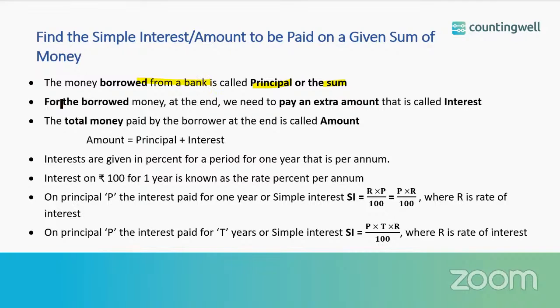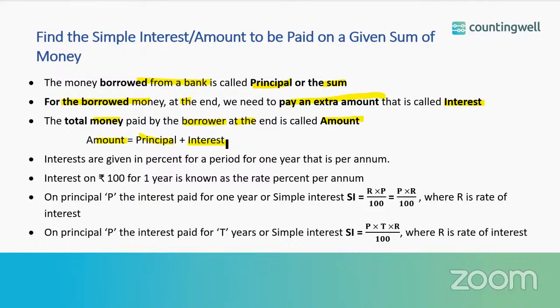For the borrowed money, at the end, you have to pay some extra amount, and that is nothing but the interest. Then the total money paid by the borrower at the end is called the amount. So amount will be equal to principal plus interest.